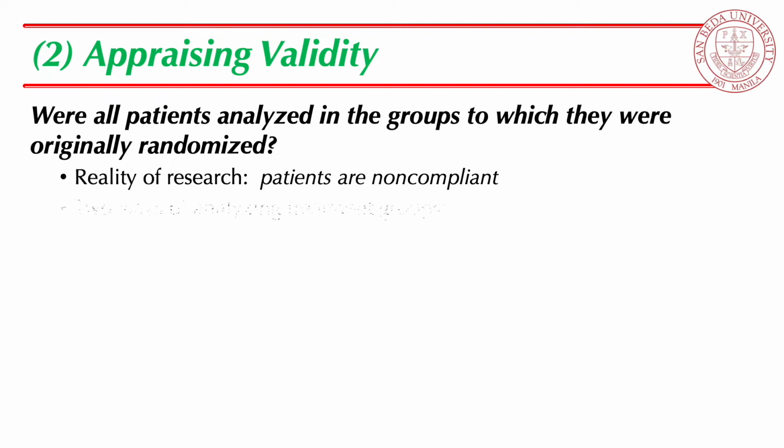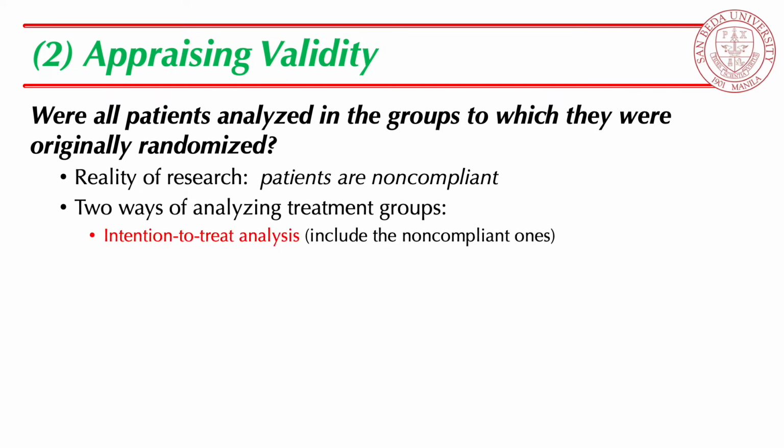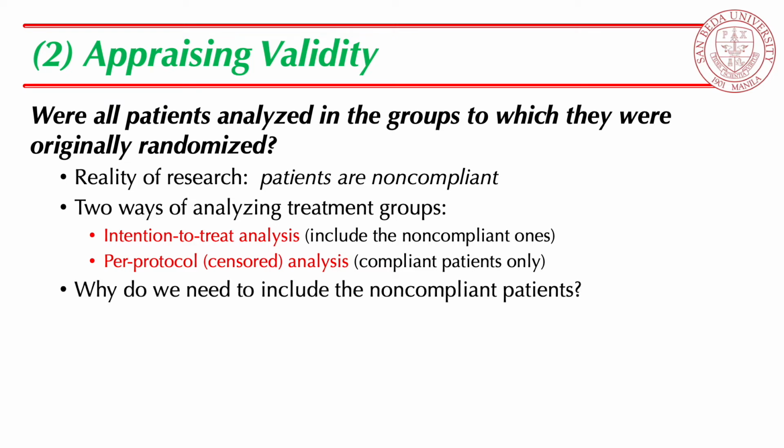Because of this, the researchers are faced with a dilemma. Should data from these non-compliant participants be analyzed as if they have stayed in the original treatment group, or should they be excluded so that only compliant patients are included? Now, there are two reasons why the intention to treat analysis should be performed, or why the non-compliant patients should be analyzed in the original groups. First, a patient's ability to comply is considered part of the success or failure of the therapy or treatment being studied.